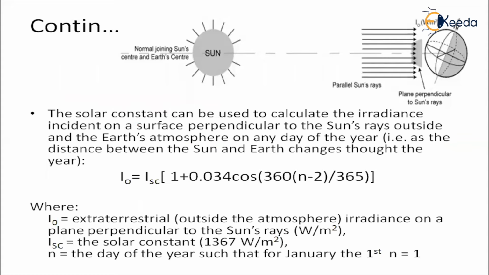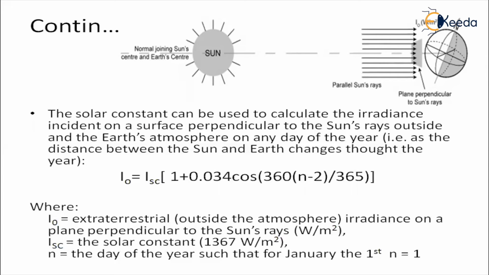Now one equation is related to the solar constant. If you want to know the solar radiation received on the outer surface of the Earth, it is given like this. We can see from this picture that the Sun is there, and parallel rays fall on the outer layer of the atmosphere. The radiance there is I0.